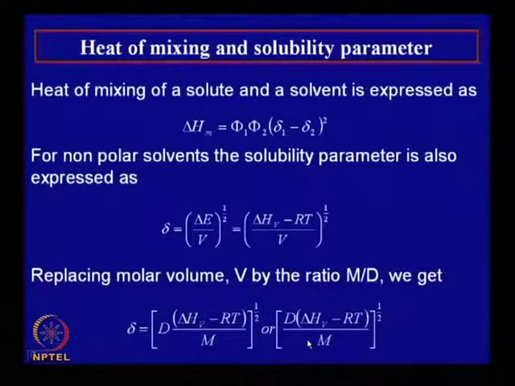Now, since this delta solubility parameter relates with the heat of vaporization, if you correlate this with the intermolecular interactions between the solvent and the solute, or even the solvent during the evaporation or during the boiling of solvent, what happens?